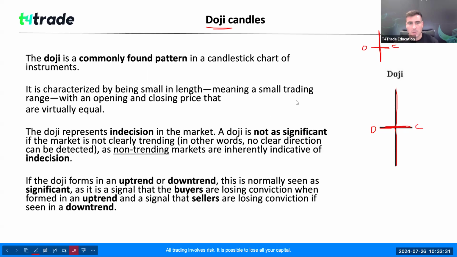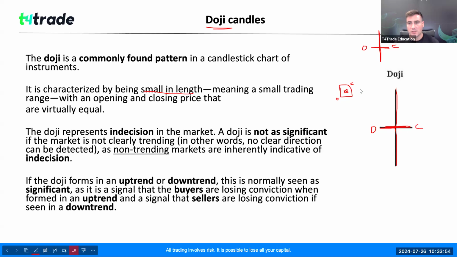A doji is a commonly found pattern in candlestick charts of instruments. It's characterized by being small in length, meaning a small trading range, and this is the trading range, by the way. The real body of the candle is the difference between the open and the close. This is a bullish candle, by the way, because the open price is lower than the close price.